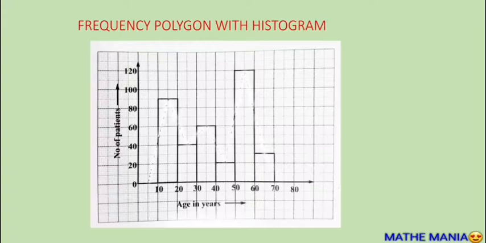The frequency polygon can be drawn in two ways. One is with histogram and other is without histogram. So let us take these two methods one by one. First one is when we are going to draw this with the histogram. It's quite easy because you have already drawn the histogram.